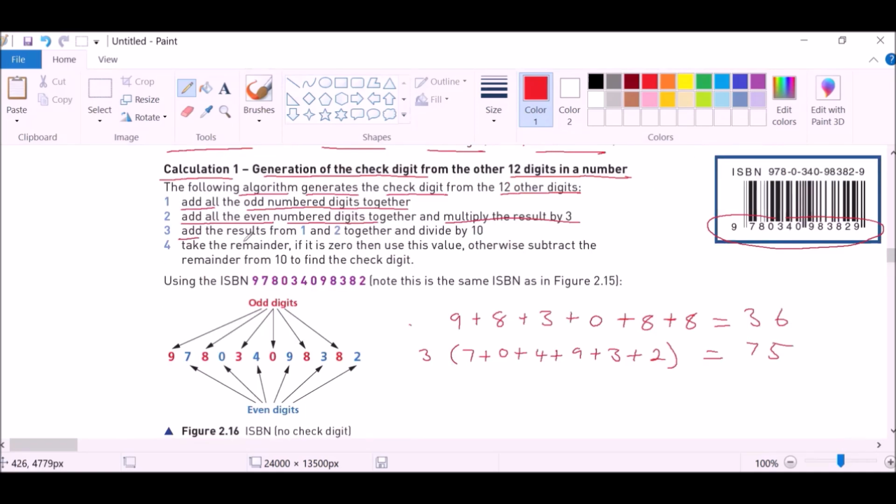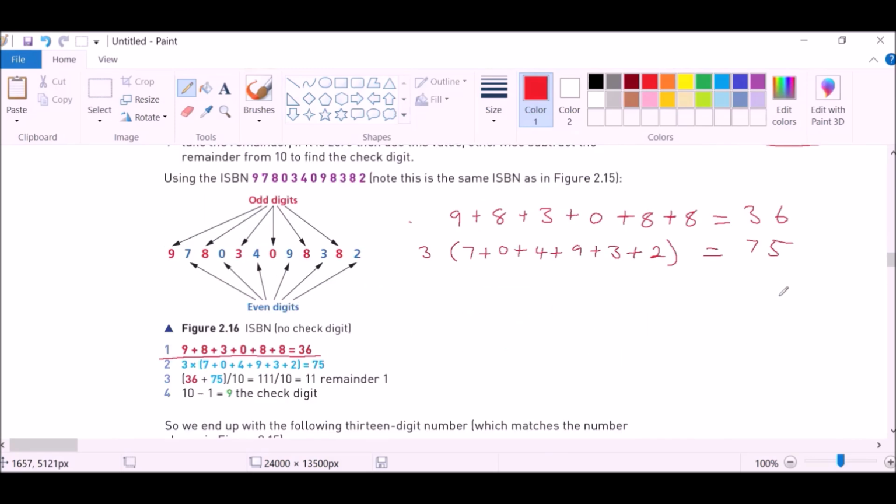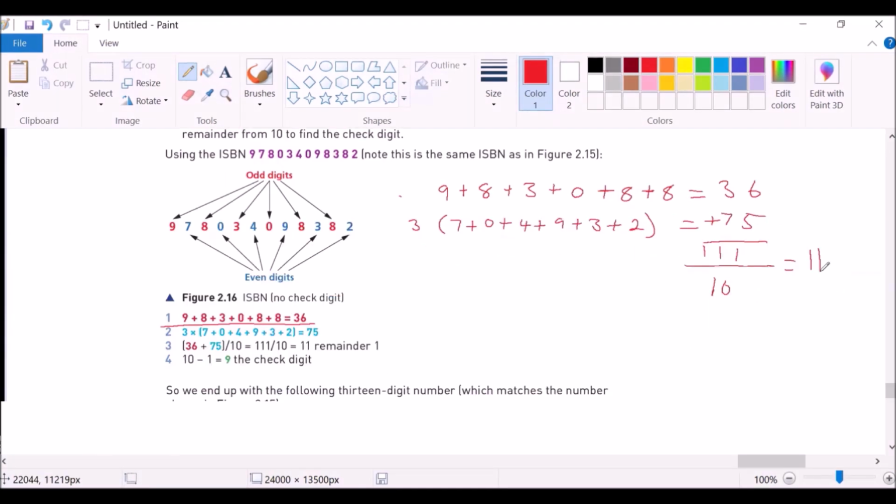Then we add the results from 1 and 2 together and divide by 10. So 75 plus 36 will give us 111, divided by 10 will be 11, remainder 1.